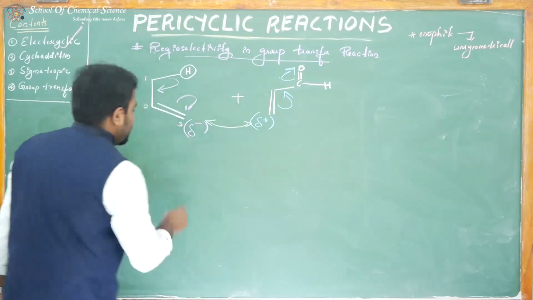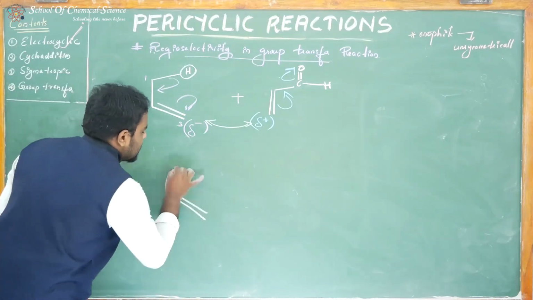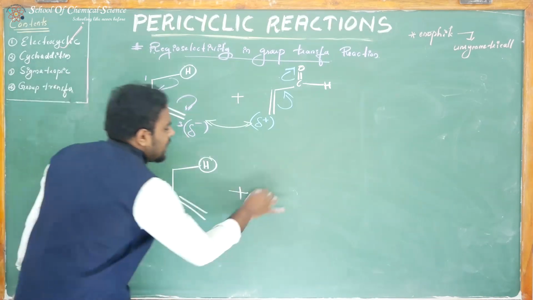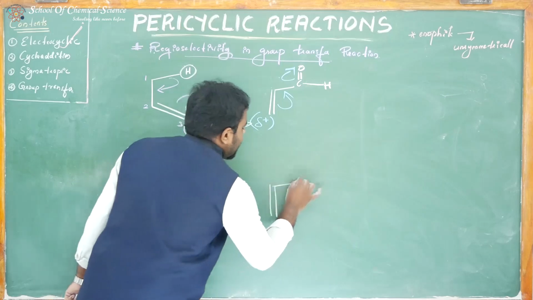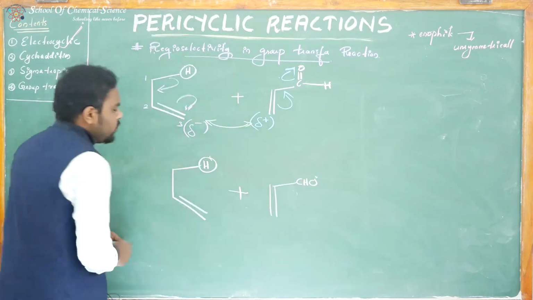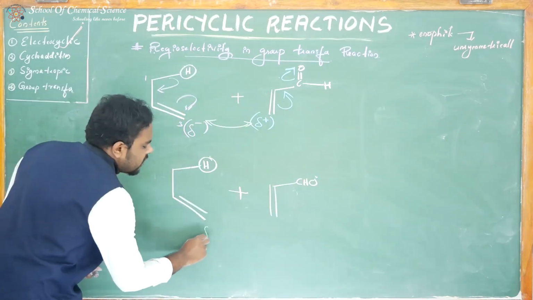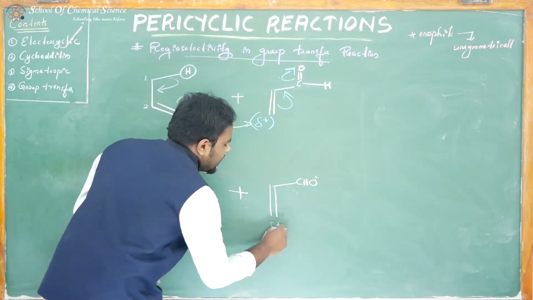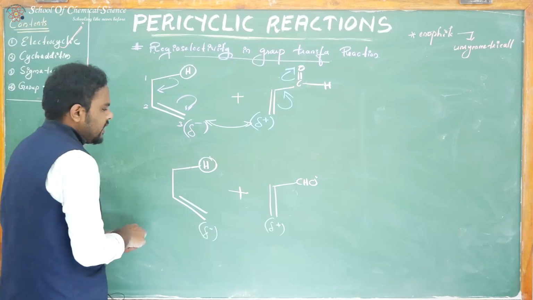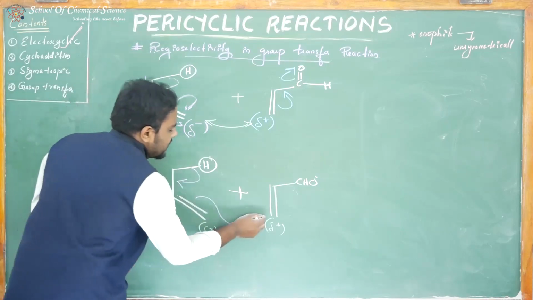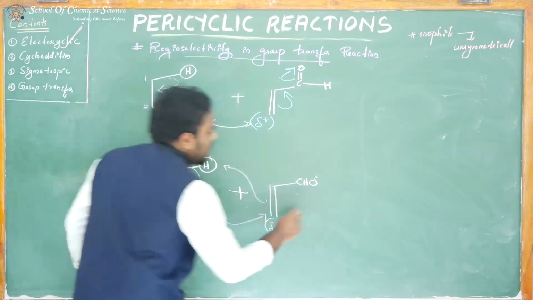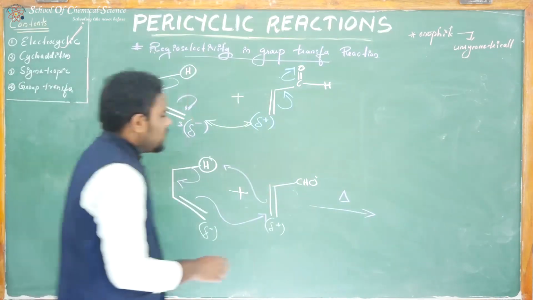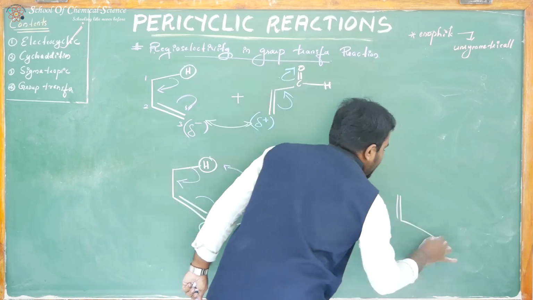So your product will be: this is the allylic system plus enophile CHO. Due to this hydrogen, electron density at this carbon. Due to the CHO, positive charge at this carbon. So definitely the reaction will be like this. So under thermal condition, your product will be, here a double bond is formed.